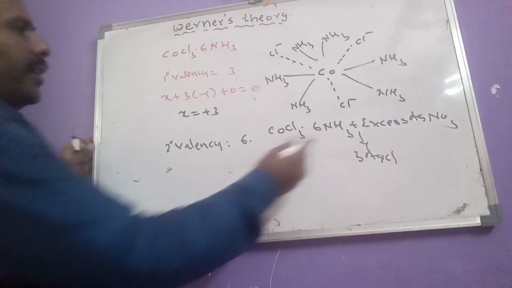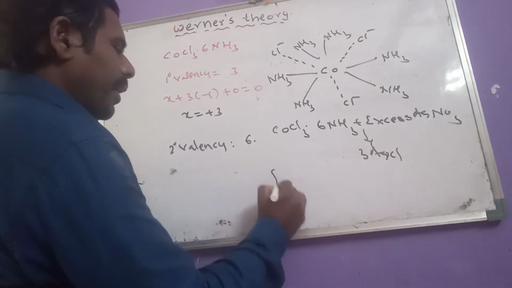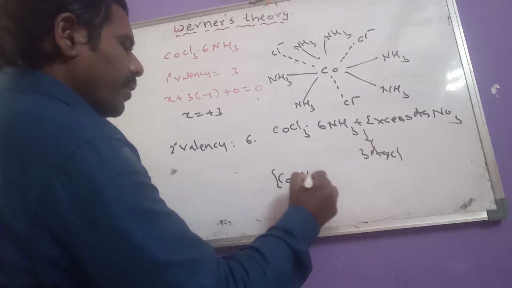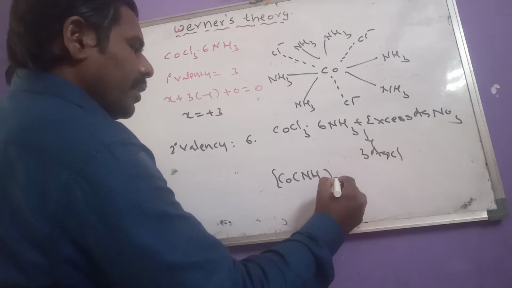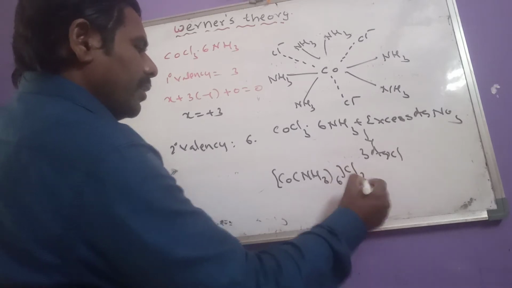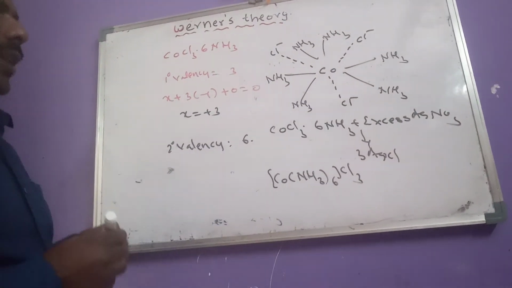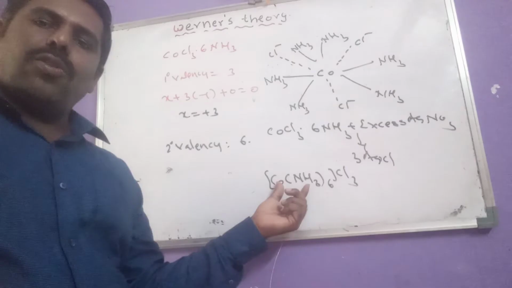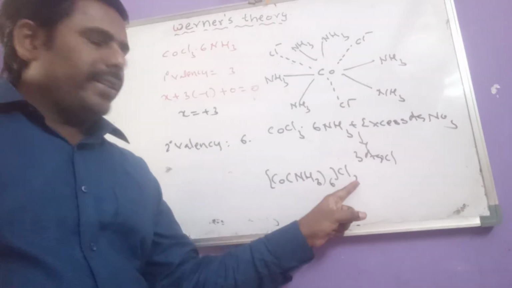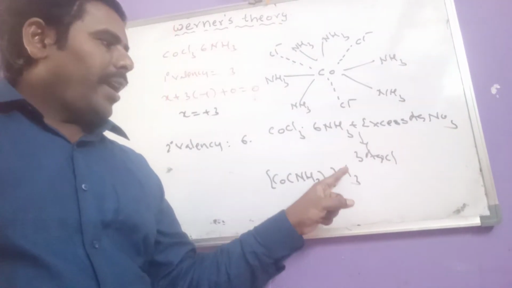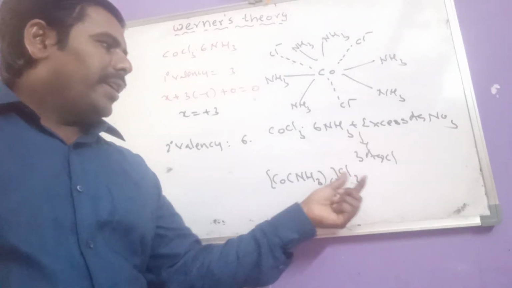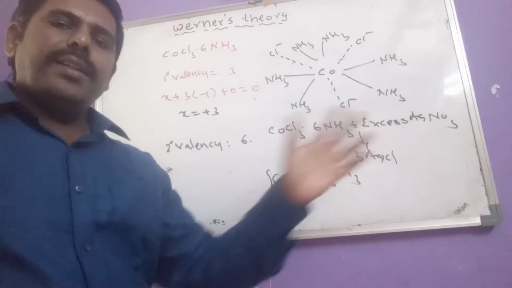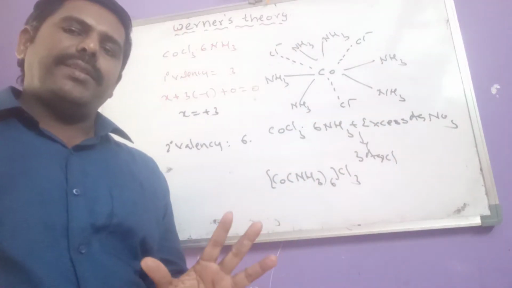Then what is its original formula? It is [Co(NH3)6]Cl3. Already we know that this sphere is called the coordination sphere. This is the ionization sphere. As 3 chloride ions are present in the ionization sphere, this will give 3AgCl precipitates.